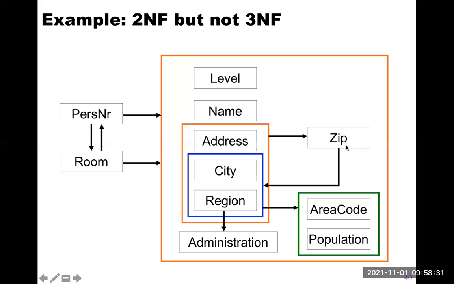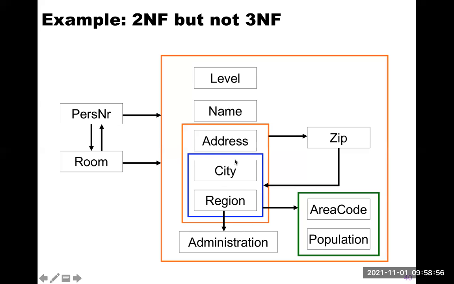So that's a decomposition. And we need to leave zip in, let's remember rules of decomposition. We not just extract a few columns and remove them from the source relation and move them to another node. That's not the case. We need to put everything that's dependent.